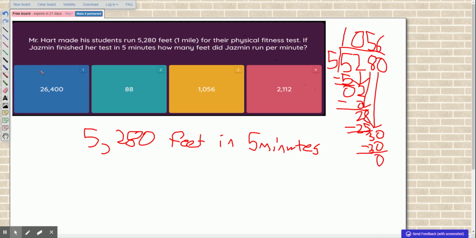Which gives us Jasmine ran 1,056 feet per minute. 1,056 feet per 1 minute.